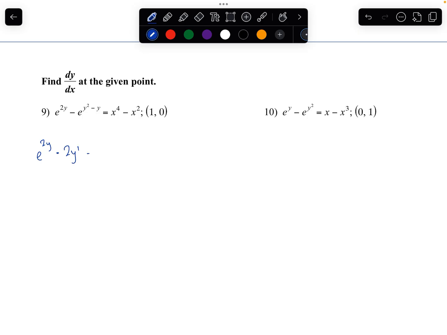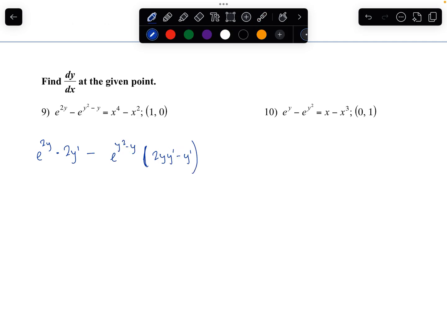Then minus e to the (y squared minus y) times the derivative of the inside, which would be 2y y prime minus y prime. So that's the derivative of the inside part.